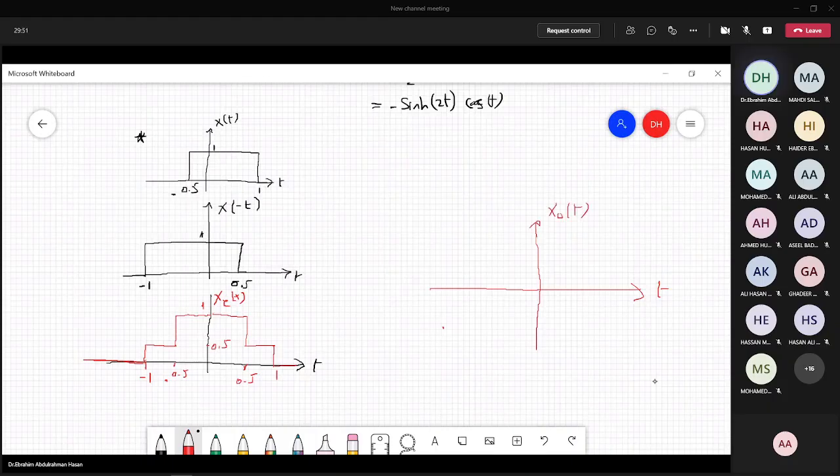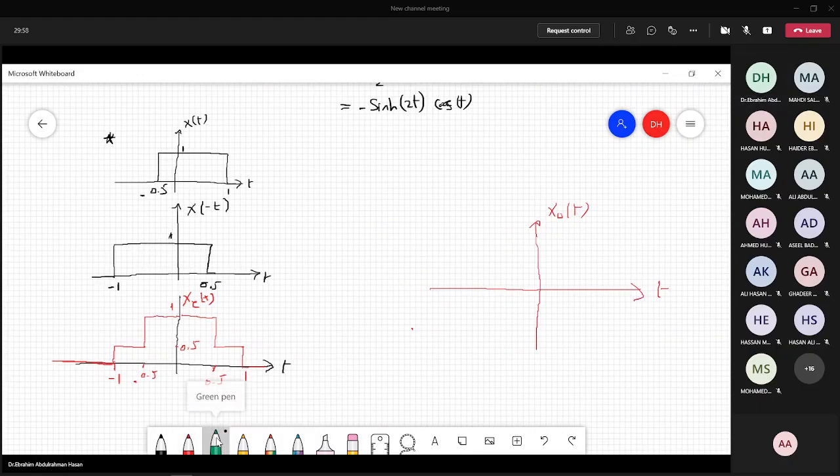x odd of t equals half multiplied by x of t minus x of minus t. Before -1, this is 0 and this is 0, so it is equal to 0.